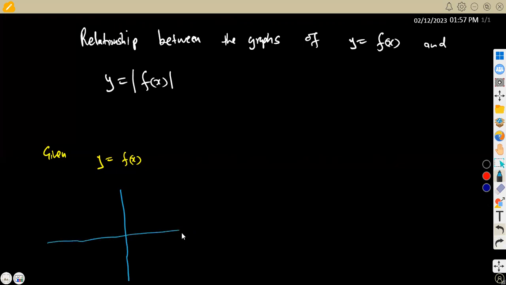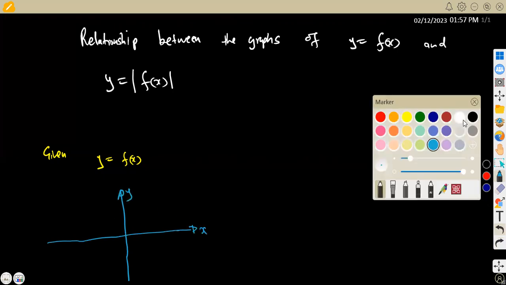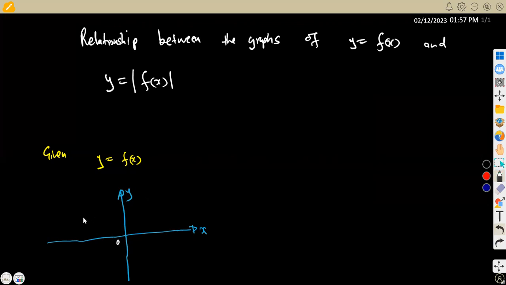Remember, that's your x-axis, your y-axis here, and we've got a 0 here. Let's say our function passes through points on the x-axis here. Let's say this is A and this is B. So this is your function, y equals f of x.